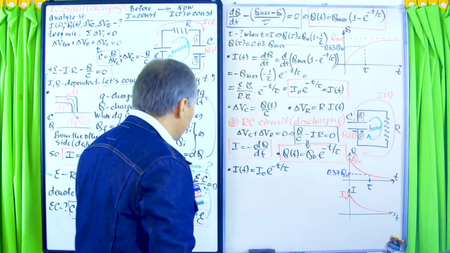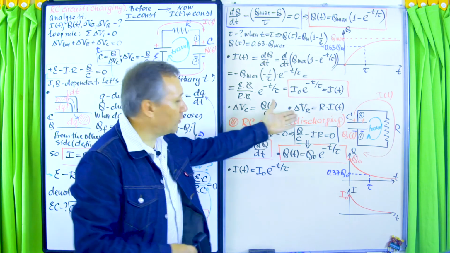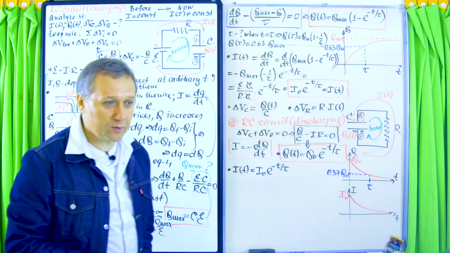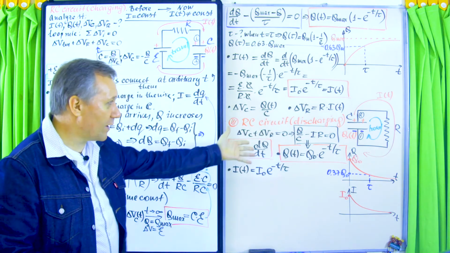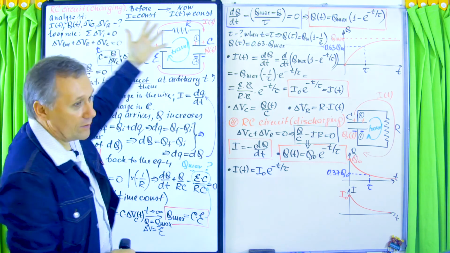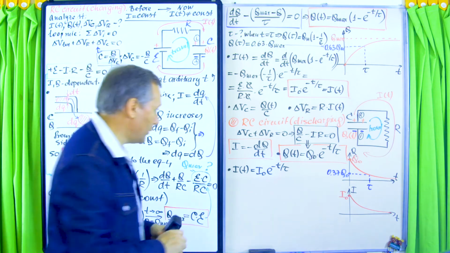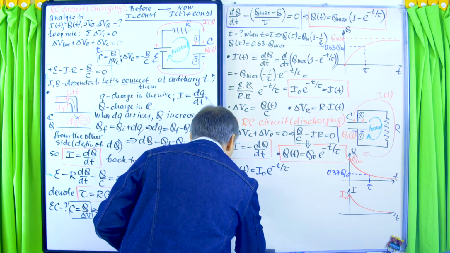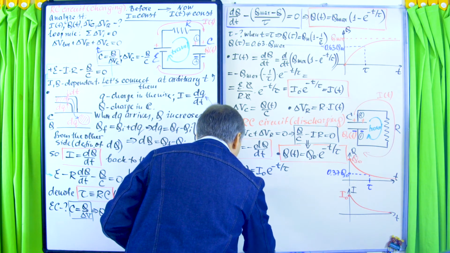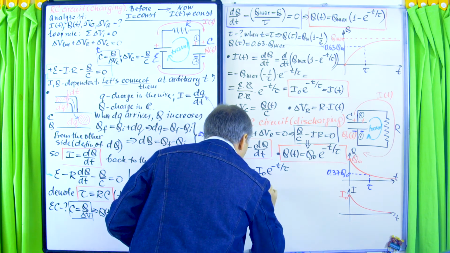Then, of course, if you're interested again in delta VC or delta VR, the same things can be used. Once you find one of these quantities, the rest can be found easily using the facts which we discussed before. So, for example, delta V across the resistor will be equal to what?